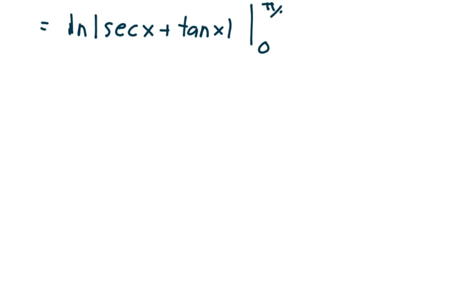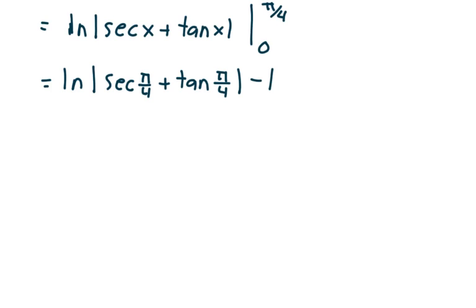So this is the natural log of secant x plus tangent x, but we're going to evaluate from 0 to pi over 4. So this is natural log of secant of pi over 4 plus tangent of pi over 4 minus natural log of secant of 0 plus tangent of 0.